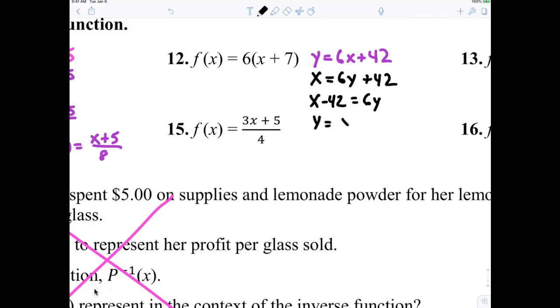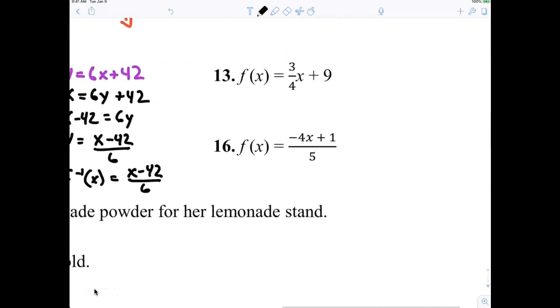So y equals (x minus 42) all over 6. That's just the symbol. Do we have to do that? Yes, that's what you're supposed to do.